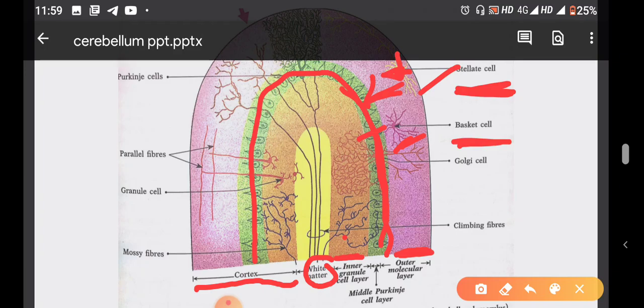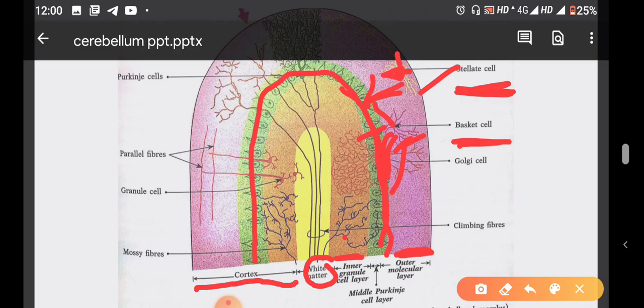Each basket cell may synapse with about 70 Purkinje cells, on the cell bodies of these Purkinje cells.